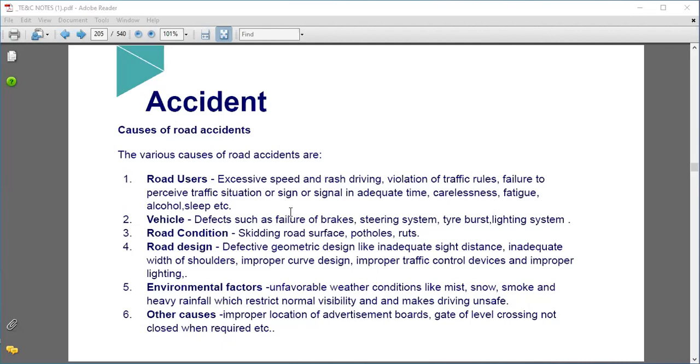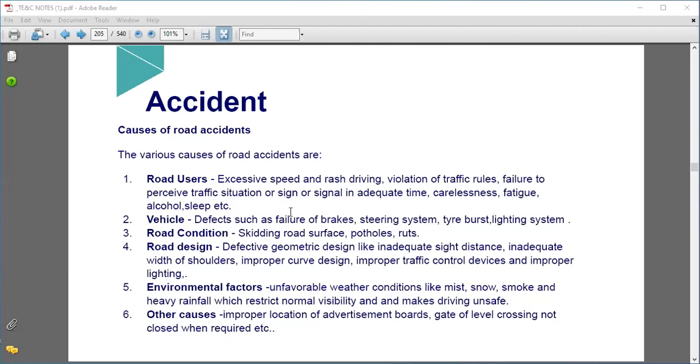So for that purpose we have to take care about driving while environmental factors are affecting, during snowfall, during rainfall, in moist areas, and when there is a visibility problem. So we have to take care within that factor.